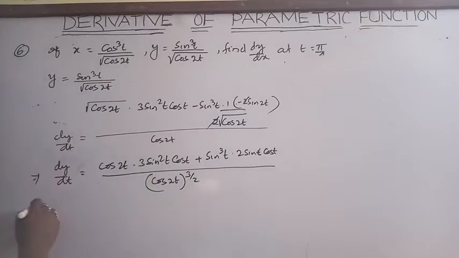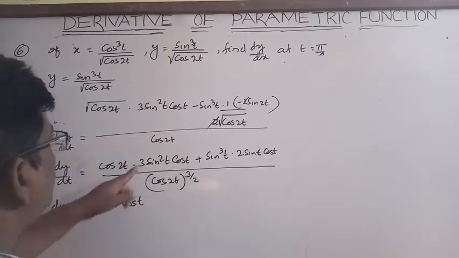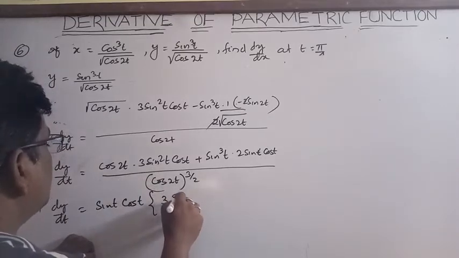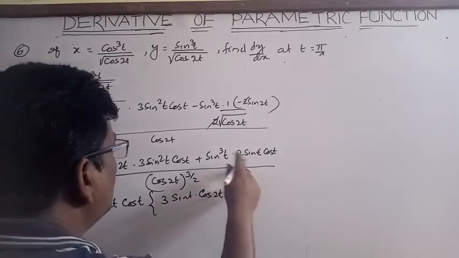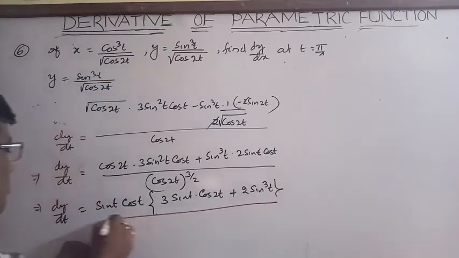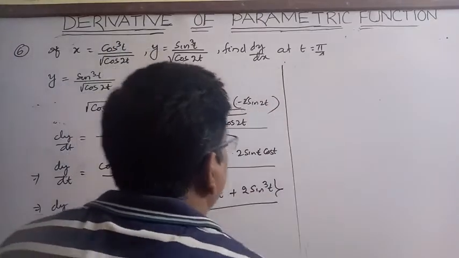So take common: dy/dt is equal to sin t into cos t common, remaining here 3 into sin t into cos 2t plus 2 into sin³t. This is the remaining after taking common. So divide by cos 2t power 3/2. So this is equal to what?